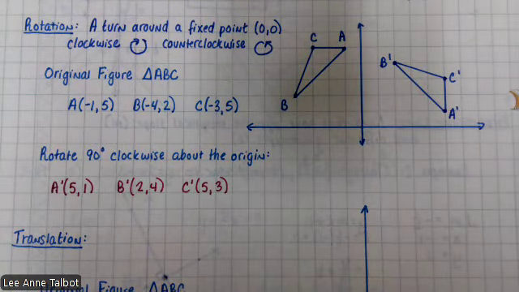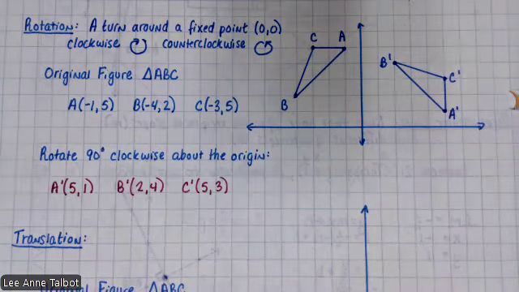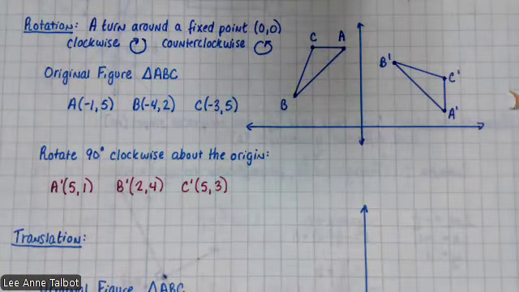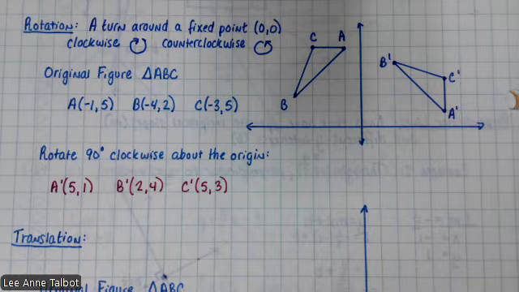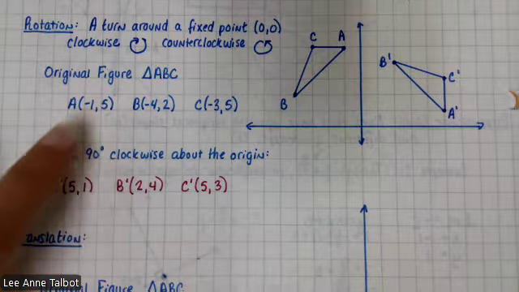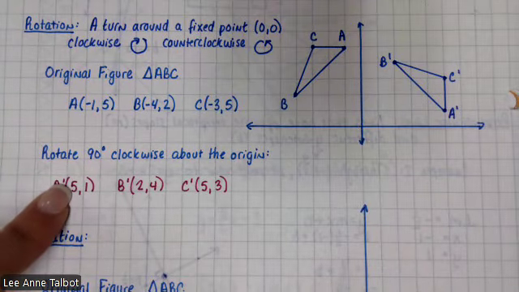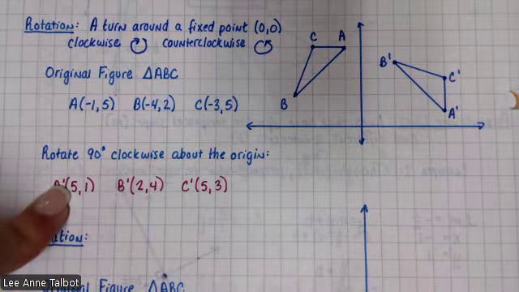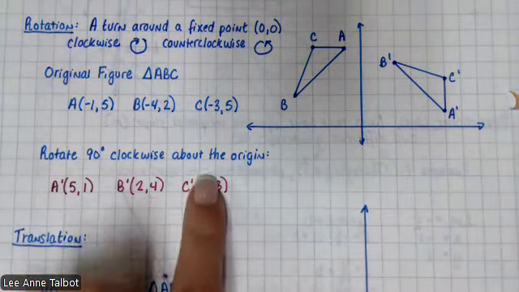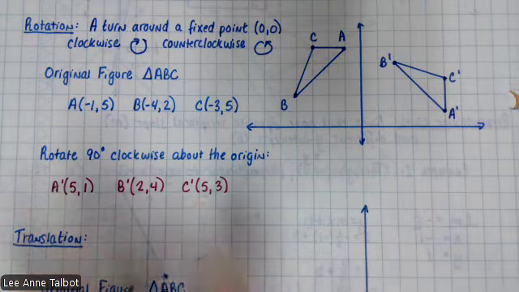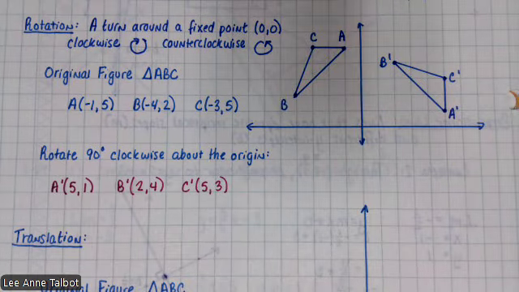Can anybody pick up the pattern of what's happening with the coordinates from the original to the 90-degree clockwise? Yeah, Joaquin? Switch places and something else. Yeah, you're right, they switched places and then the new one in the front switched sign. So they switched spots and whatever became the x also switched sign, which is kind of fun.